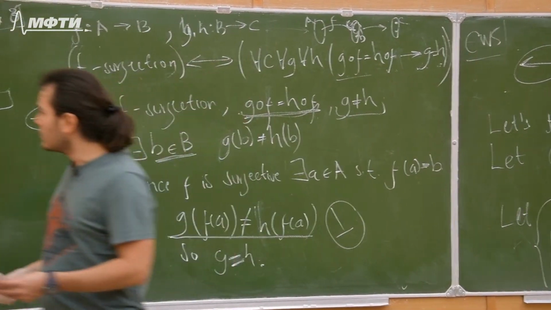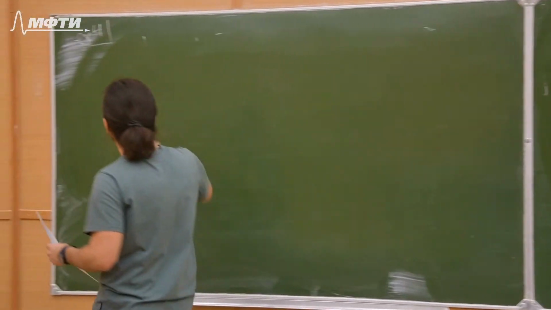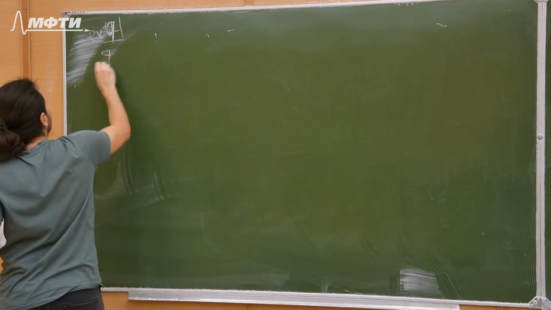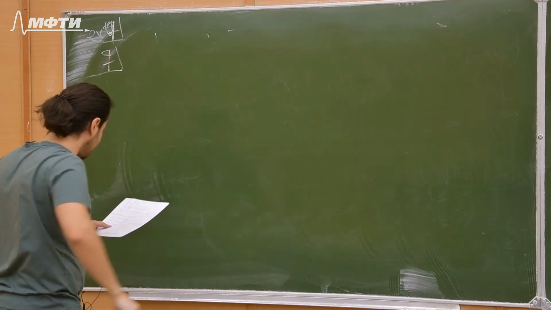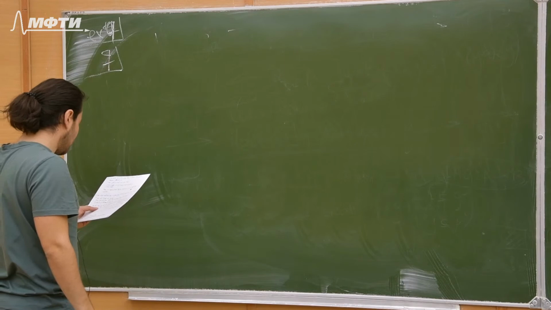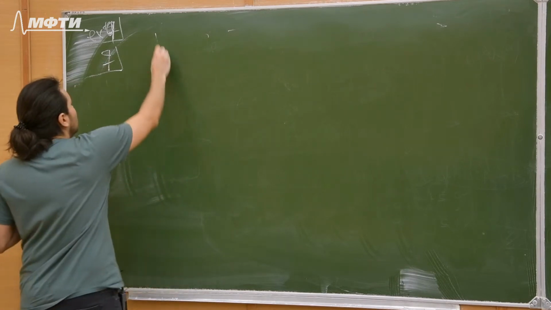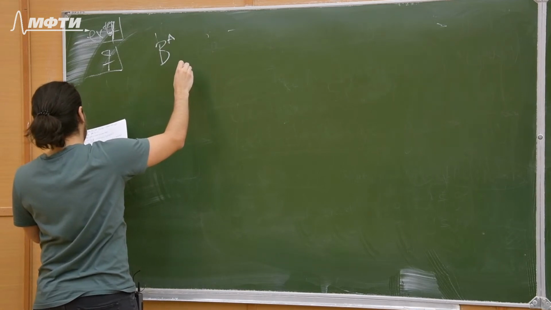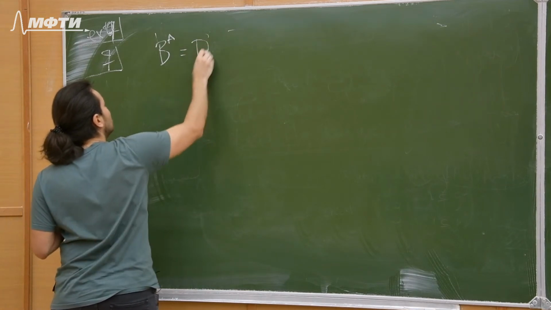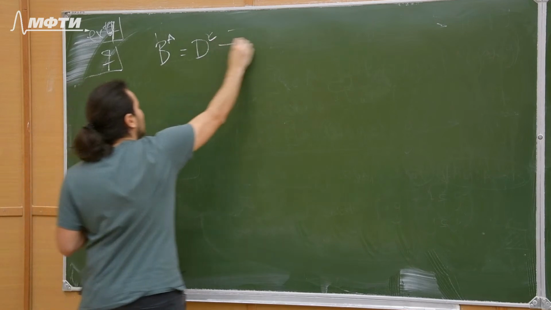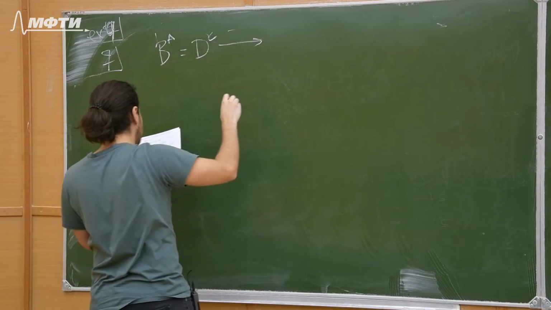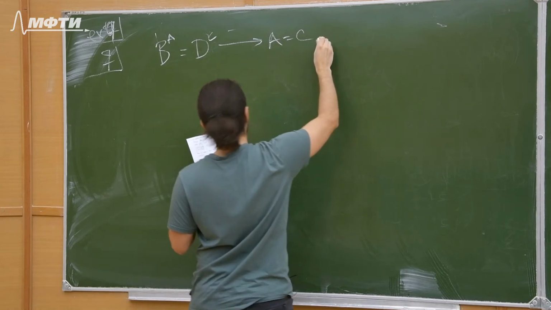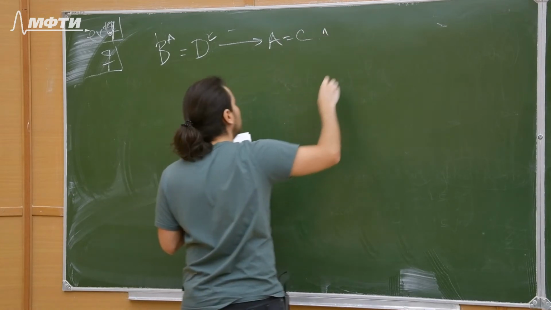Okay, exercise 7. Under which condition does it follow from B to the A equal to D to the C that A is equal to C and B is equal to D?